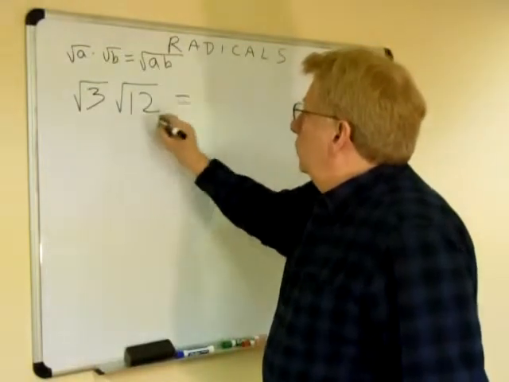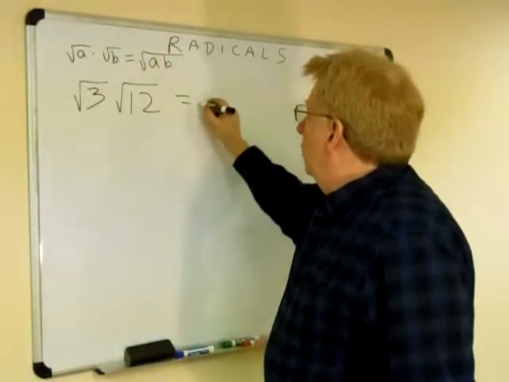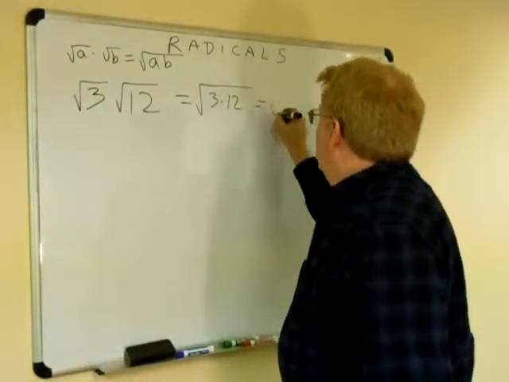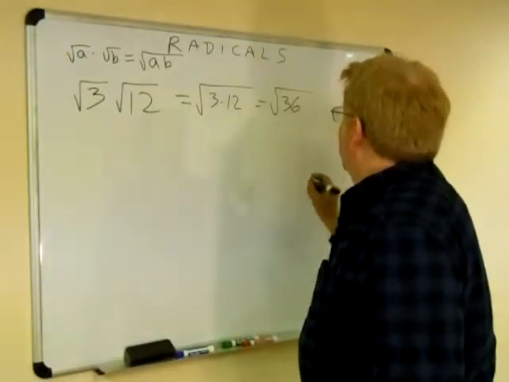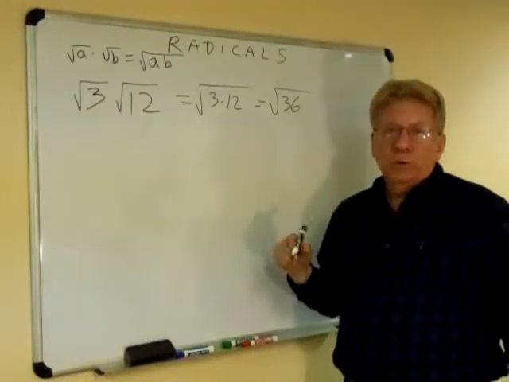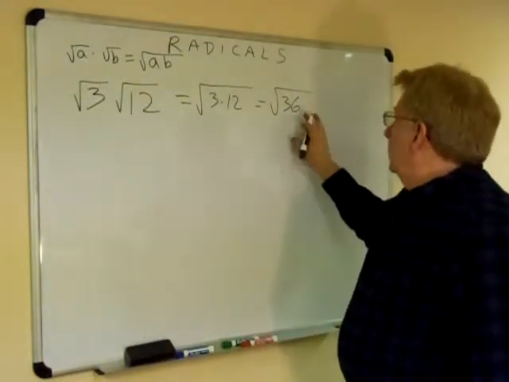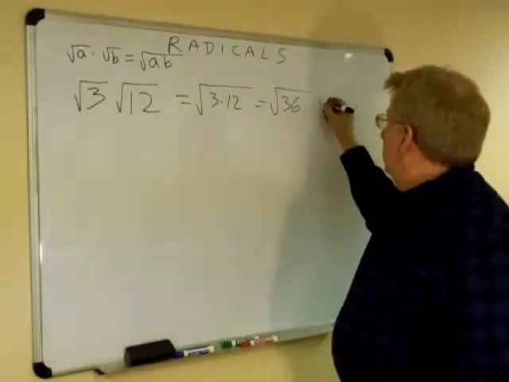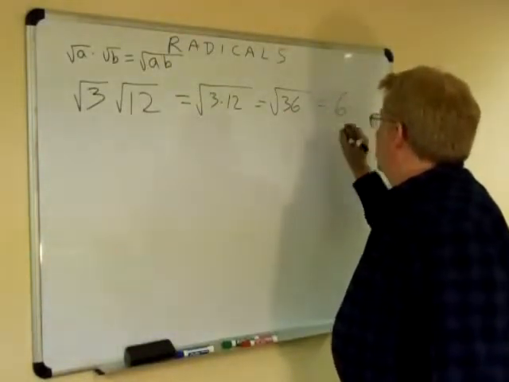So the square root of 3 times the square root of 12 is the square root of 3 times 12, which is the square root of 36. 36 is 6 times 6, so the square root of 36 is 6.